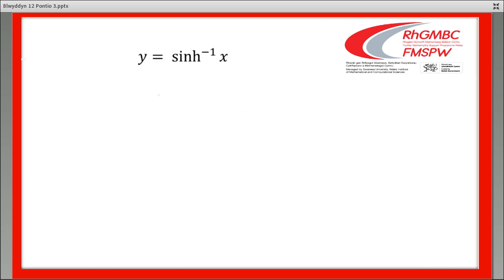If we've got, say for example, y equals sinh to the minus 1 of x. Now if you think about when you've done this in the past and you've looked at rearranging that, you want to get an expression so that you replace the x with the y and the y with the x.